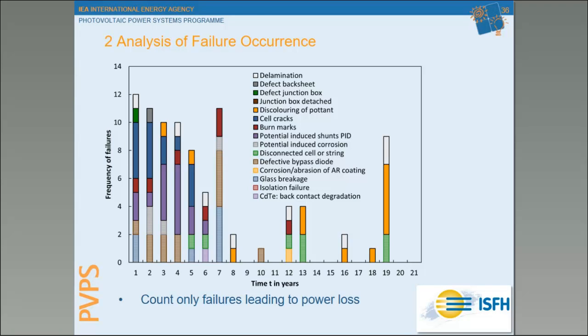Here they are not classified according to the climate, and you will see very prominent cell cracks in the first 2 years, in year 1 and 2, followed by PID, PID-s with respect to shunting, that's what the S stands for, typically starting in year 3 and 4.